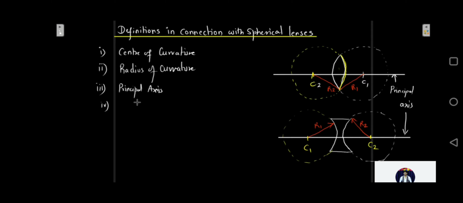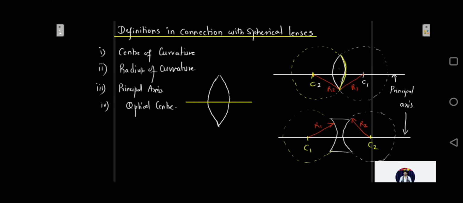The fourth point is the optical center. So what do you understand by an optical center? Supposing I have a lens, so let me draw a lens over here, and let me draw a principal axis also, because I will require it to define the optical center.